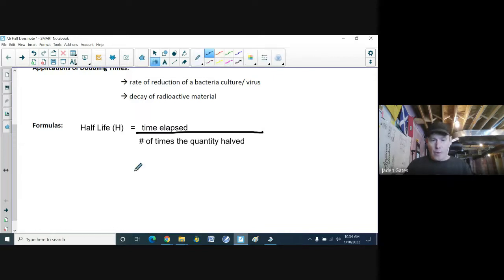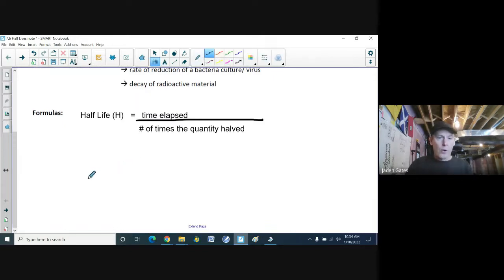Now, our other formula, just like we had before: N is equal to N naught, looks familiar, times, this time though, we're looking at half-lives, 50%, or as a decimal, I can have a 0.5 in here this time. And the exponent is also going to be a fraction where we have t, this time divided by h.